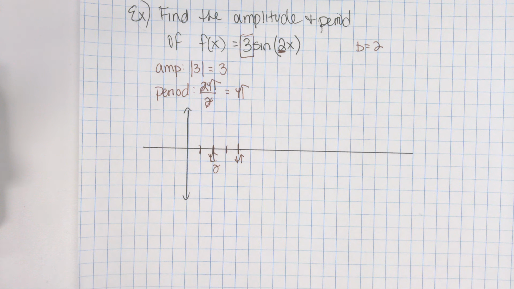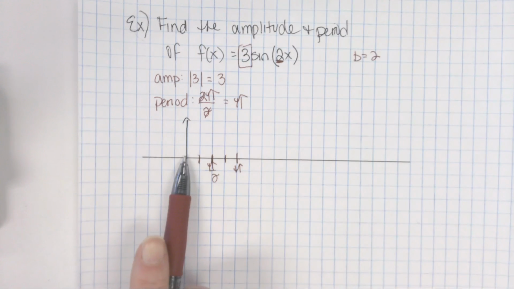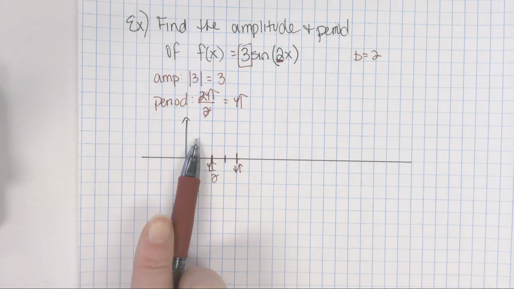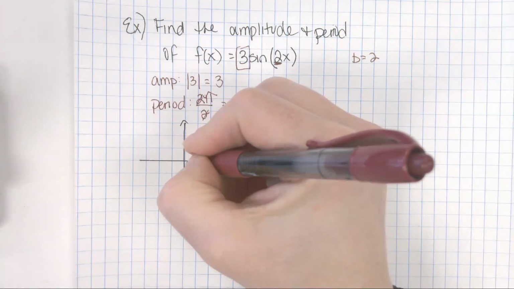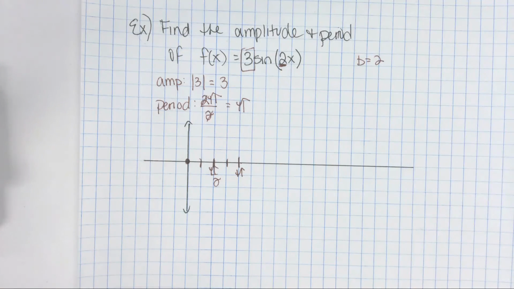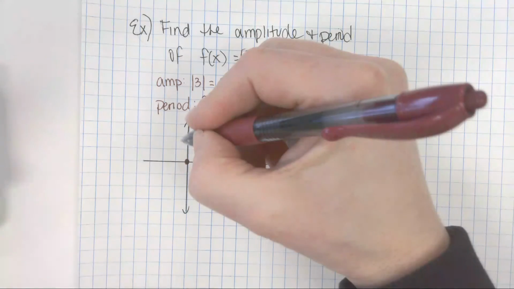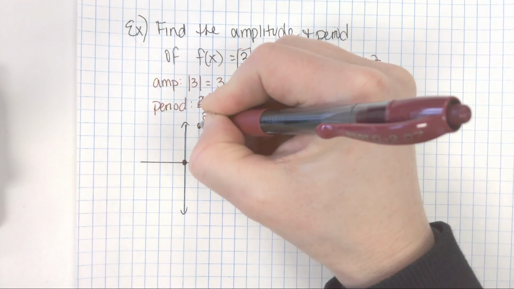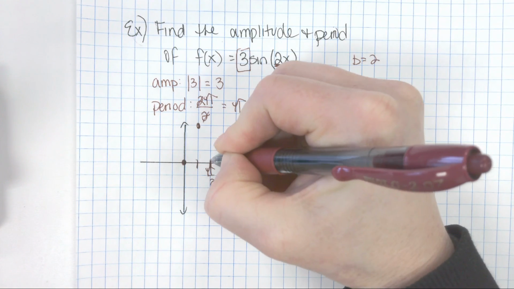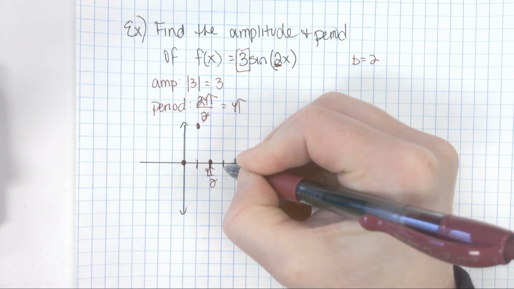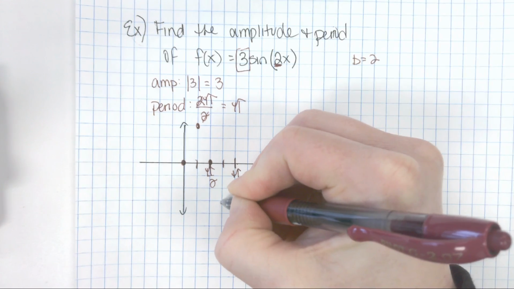Okay, here's the other difference. Before I started at 0 and I went up to 1. I'm still going to start at 0, but the amplitude is now 3. So what should I go up to instead? I go up to 3. I made it high enough. So this is going to be steeper curves. Come back to the middle, down to -3, back up there.